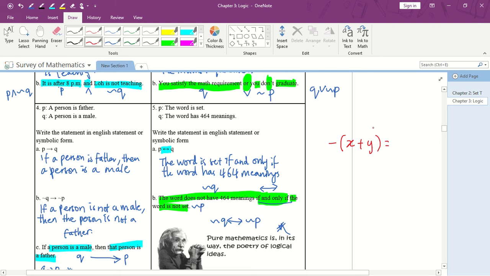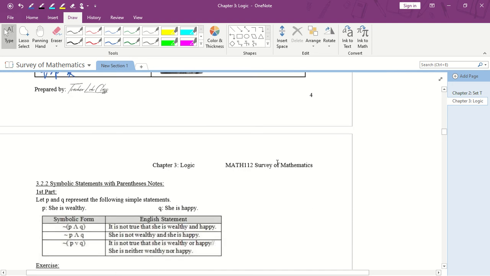I believe if you know how to simplify, you know that you need to multiply in here and in here. So it will be negative x, negative y, because negative times positive becomes negative, and negative times positive becomes negative.